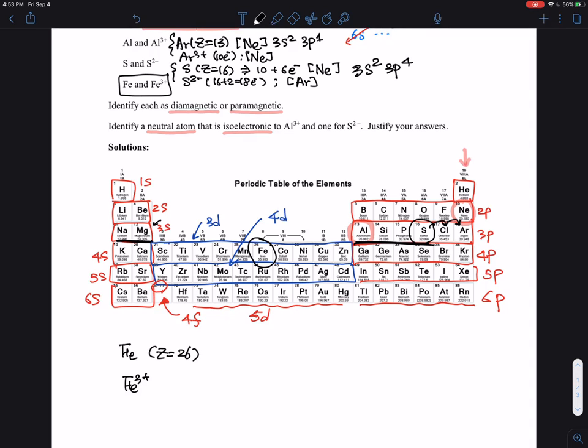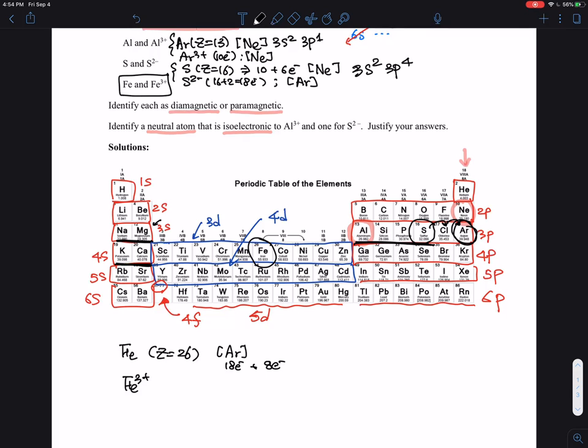The closest noble gas with fewer electrons is argon. Argon means 18 electrons, and the rest of them is 8 more electrons. How are the 8 more electrons used from argon?